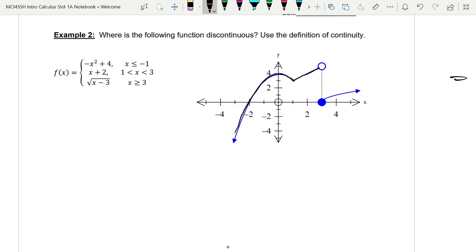Direction changes don't count as discontinuities, but certainly when I get to this spot here at x equals 3, we have a jump discontinuity. So f of x is discontinuous at x equals 3.